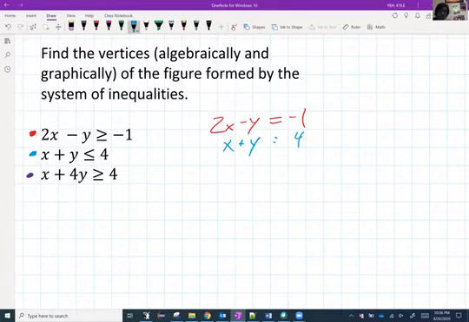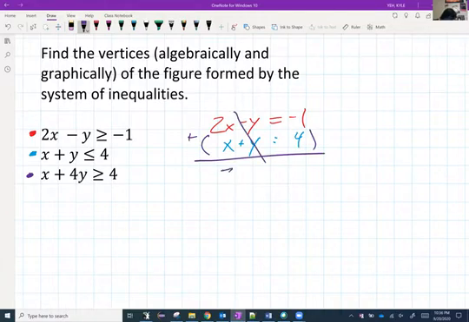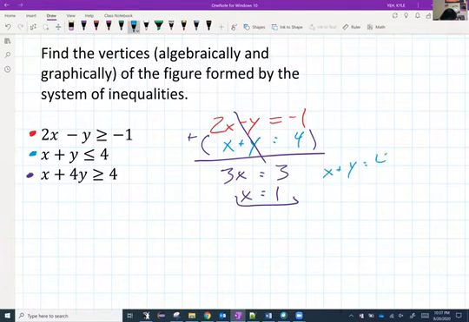Now I could use substitution or elimination on this. It's set up really nicely already for elimination, so that's what I'll do. I'll add these together. So 3x is equal to 3, which means x equals 1. Now that I know x equals 1, I'll plug that in. The blue equation looks pretty easy because it says x plus y equals 4.